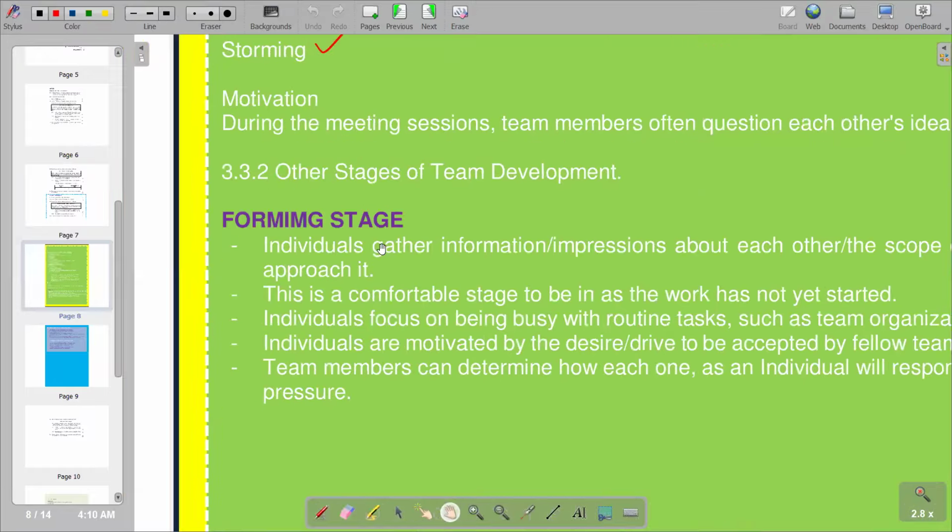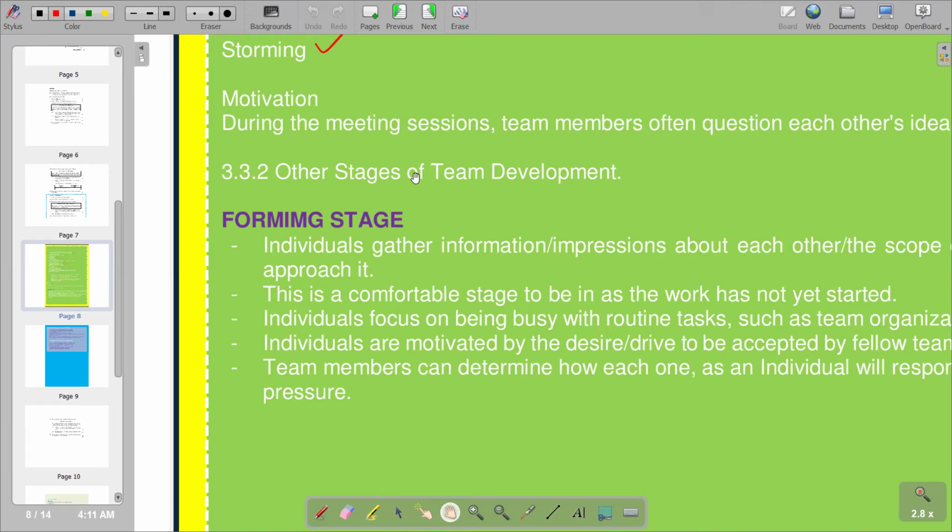The forming stage explains that team members are focused on learning about the objectives of the team and task. So in this forming stage, team members are focused and learning about the objectives of the team and tasks. You'd see that under the forming stage, productivity and conflict are both very low as team members explore how to work together.